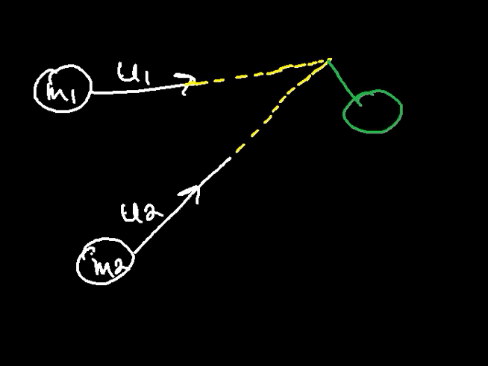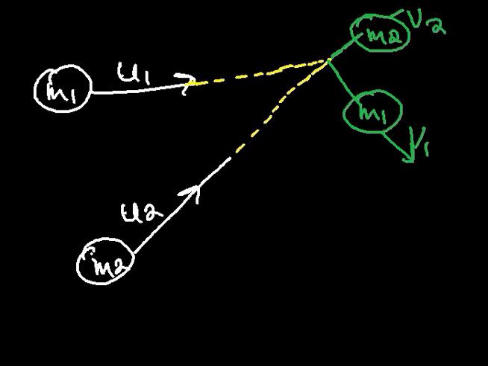Let's say this is object 1, having the new velocity given as v1, and let's say object 2 happens to go like this with a new velocity, which should be v2.